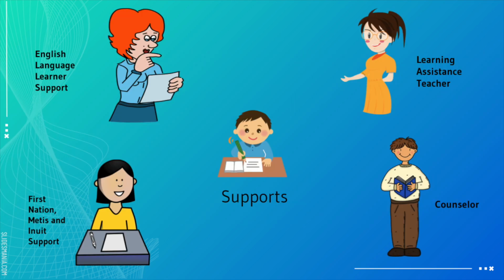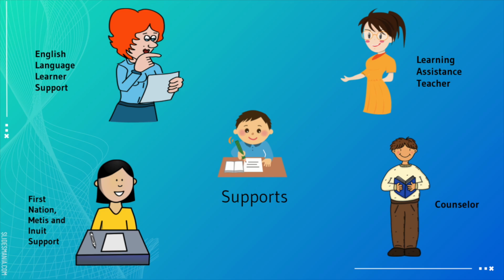We also have to calculate in to our school budgets how much they get for that English language learner support, the learning assistance teacher, the counselor, and the First Nations Métis Inuit support. So Mr. Kalal will sit down with the principal when they're doing the budget, and he'll say, okay, you have enough funding to have 0.12 English language learner support in your school.